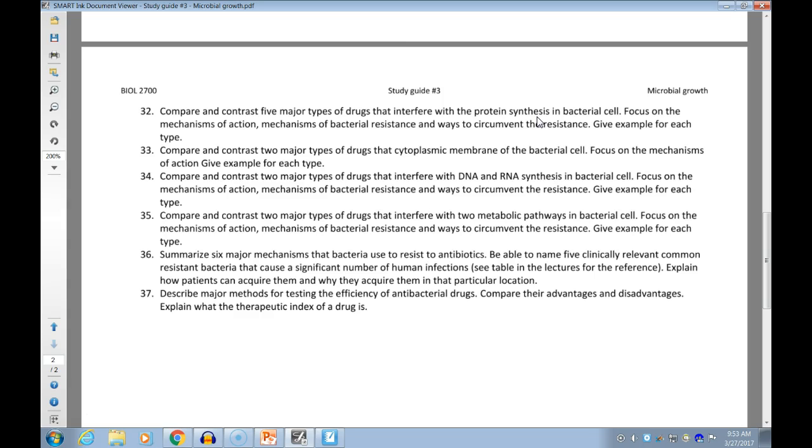Why are they specific? Why do they have good selective toxicity? Why are they toxic to bacteria, not to humans that much? I know it's painful, but you have to remember the molecular biology of the cell. Are bacteria eukaryotic or prokaryotic? Prokaryotic. Humans are eukaryotic, right?